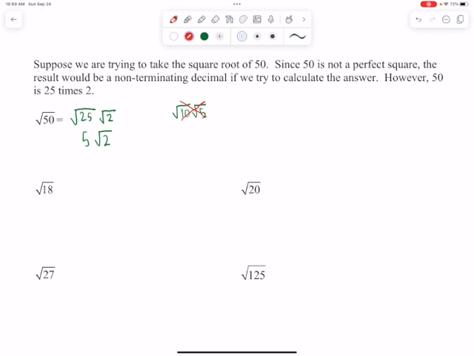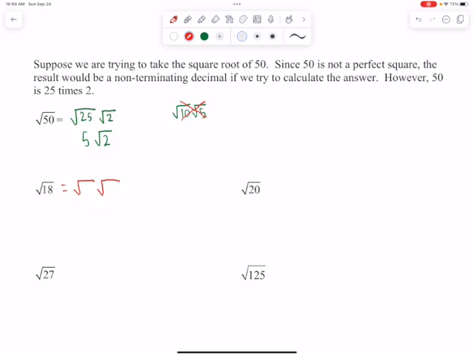For example, suppose we have the square root of 18. We want to try to split this up into two square roots so that one of the square roots is the square root of a perfect square. So again, we're looking for a number like 4, 9, 16, 25 that is a factor of 18.